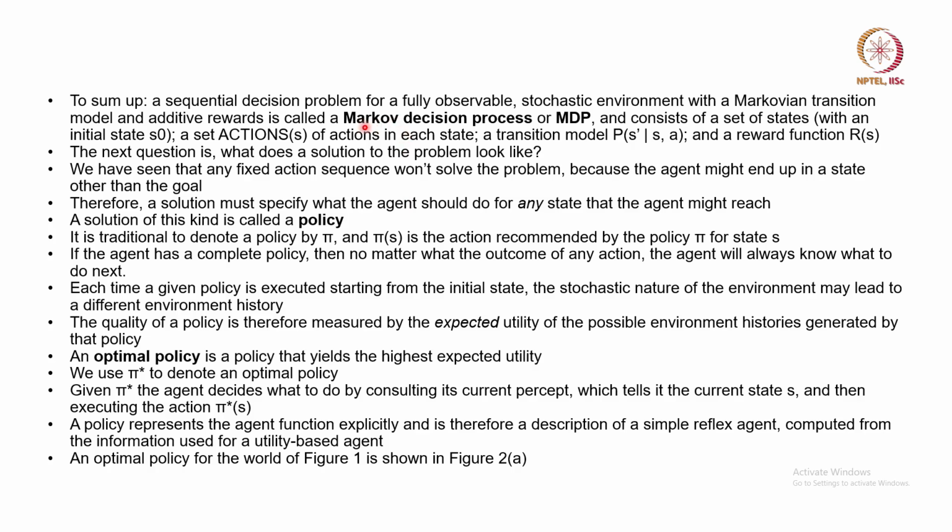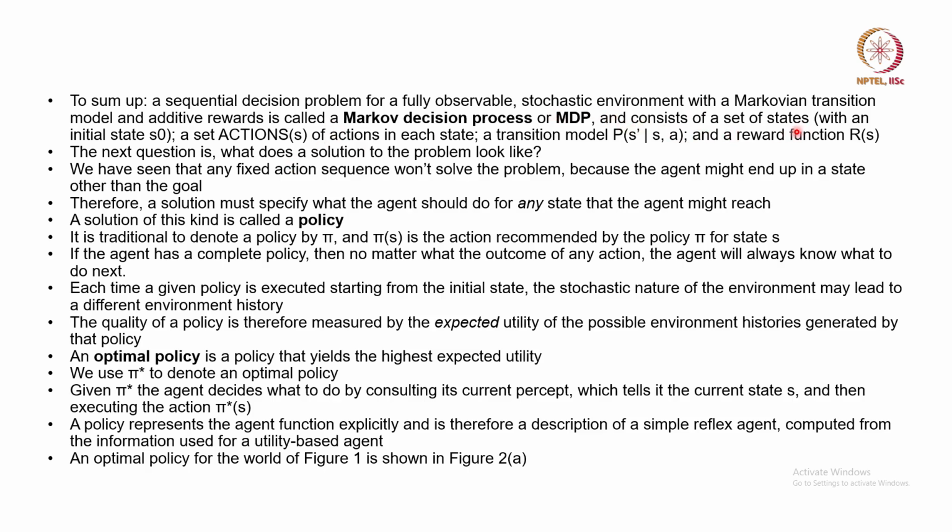So what you have is what is called a Markov decision process. It's a sequential decision problem for a fully observable stochastic environment with a Markovian transition model and additive rewards, and that is what is known as the Markov decision process. And what does it consist of?